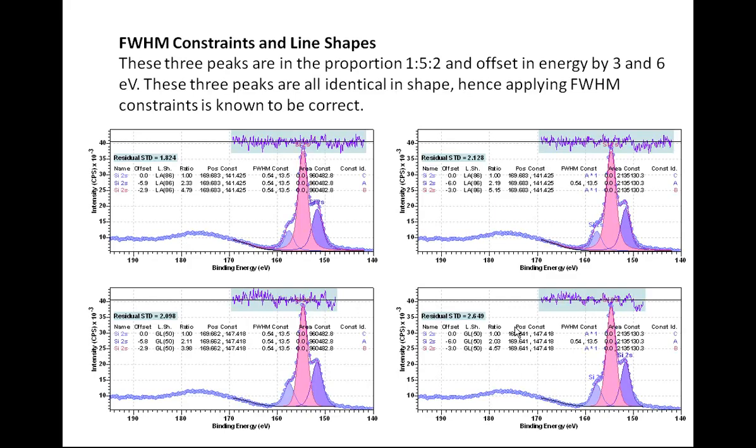To further illustrate the importance of constraints, the example here is making use of the full width half maximum constraint between a set of component peaks. These data are once again constructed, and they're constructed to have peaks in the proportions 1 to 5 to 2, and there should be an offset between these peaks of 3 and 6 eV, so 0, 6 and 3 eV.